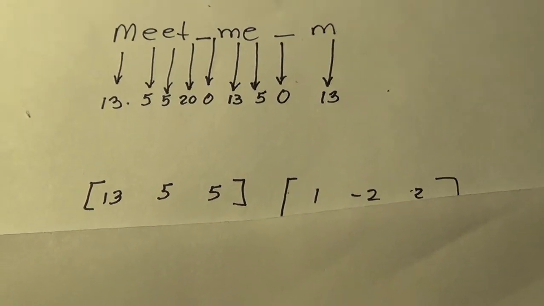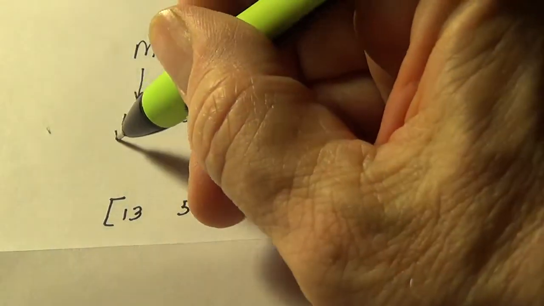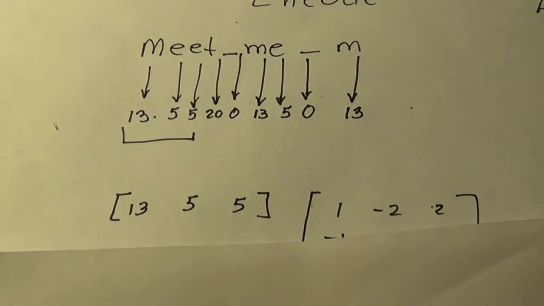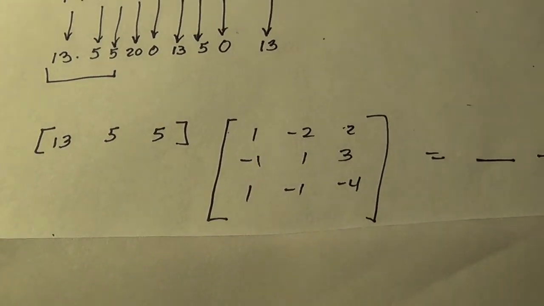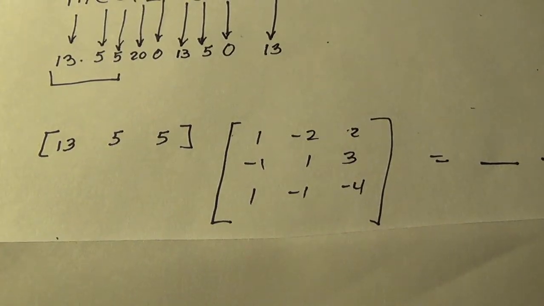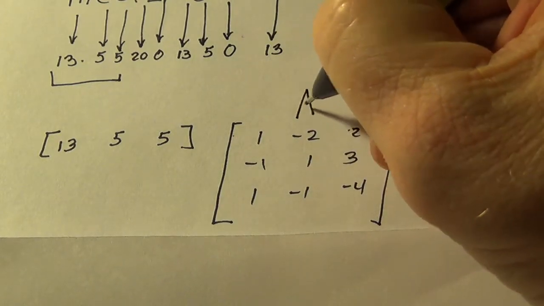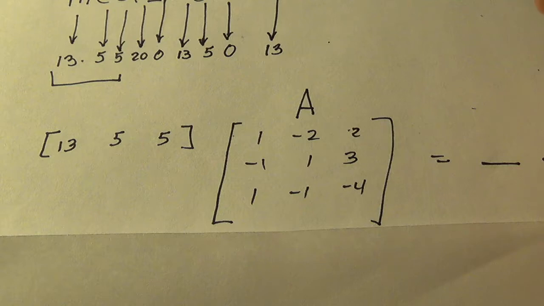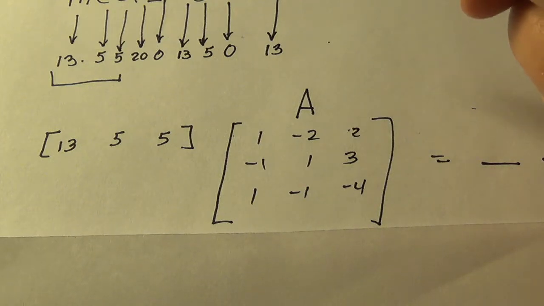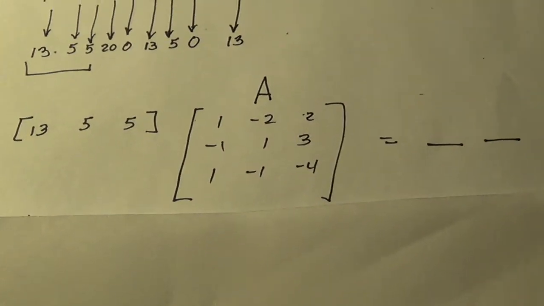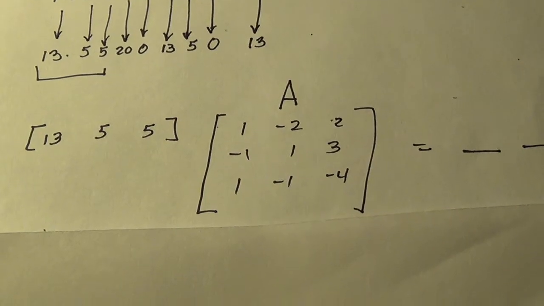So 13, 5, and 5 come from the message I want to encode, and since I'm using a 3 by 3 matrix, I'm going to use the one that I beforehand agreed upon, and here it was, the regular matrix A. So we're going in this direction. We don't need A inverse, we need A. So I'm going to come up with the 3 spots over here and go ahead and multiply.